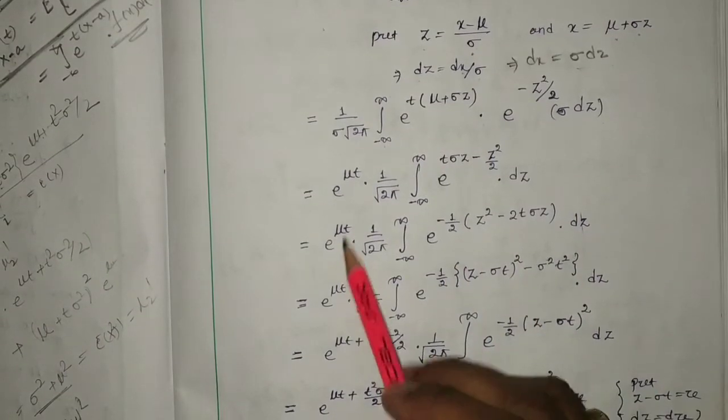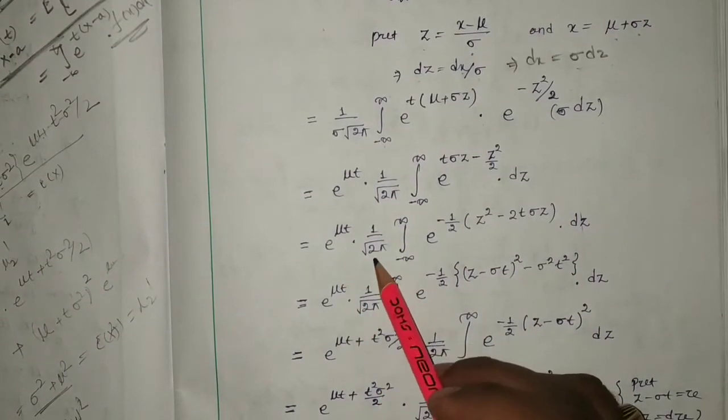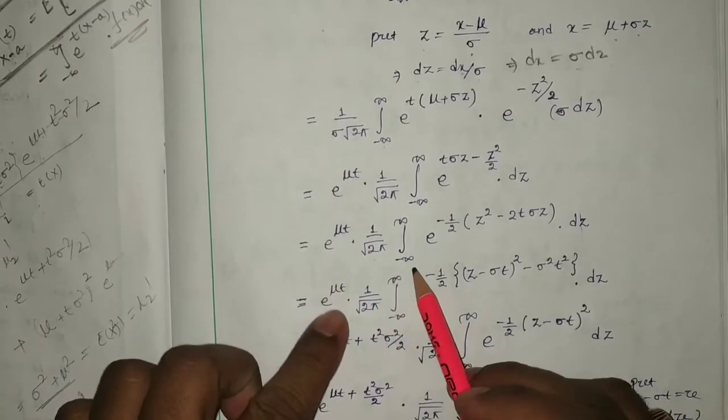So e to the power mu t, 1 by root 2 pi, the integral from minus infinity to plus infinity.